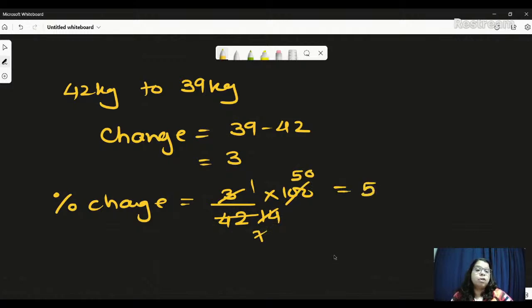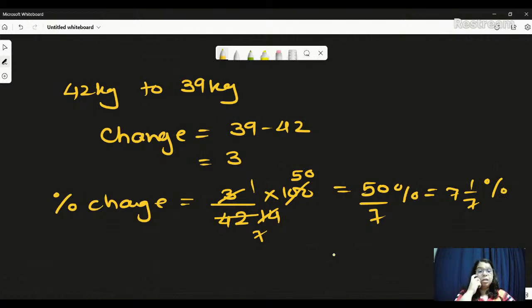So we have 50 over 7%, that is 7 by 7%. But this one is negative, so we are going to get a negative percent. So this is how you calculate percentage change for any given quantity.